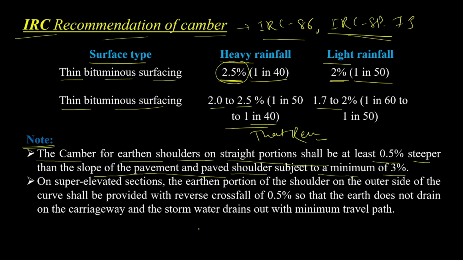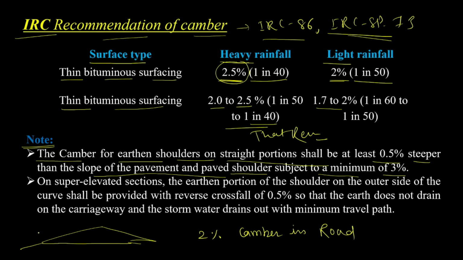So what it's saying is, suppose we have 2% camber in a road, and this is our road cross section. After this we provide the shoulder of the road, and if this shoulder is made up of earth, not a paved one, then this slope should be 2 plus 0.5%, that is 2.5%.